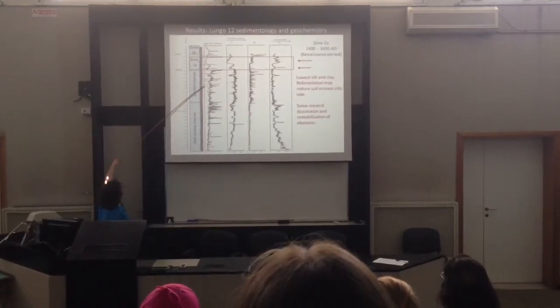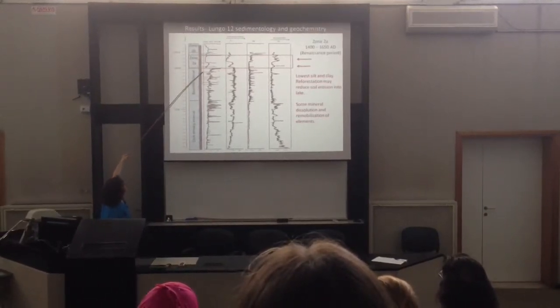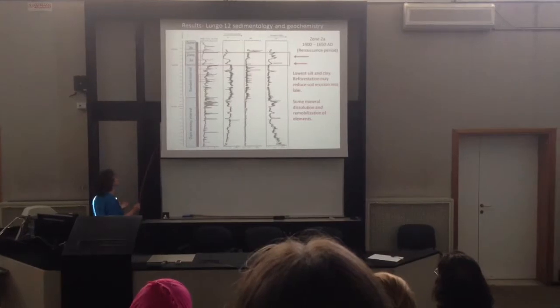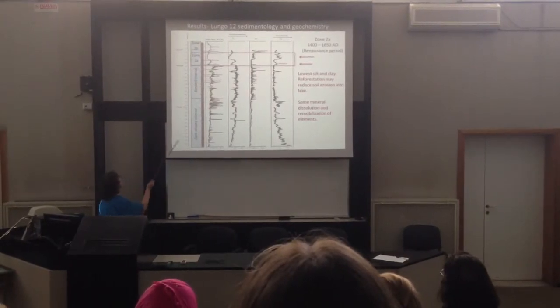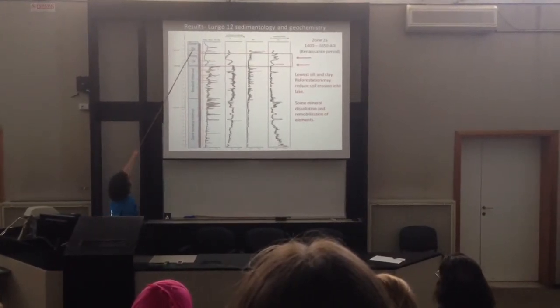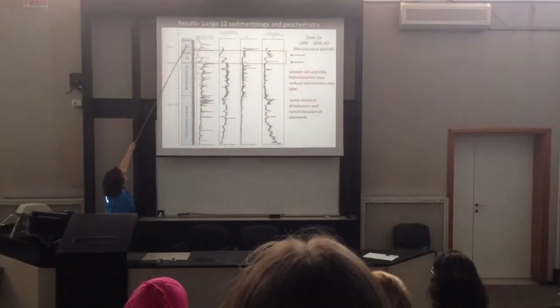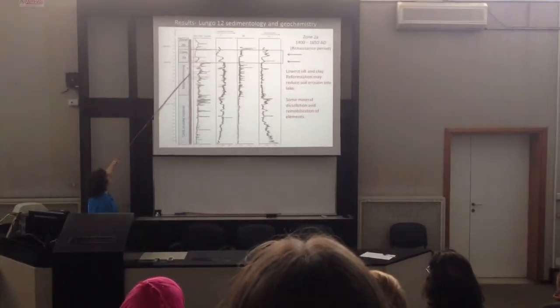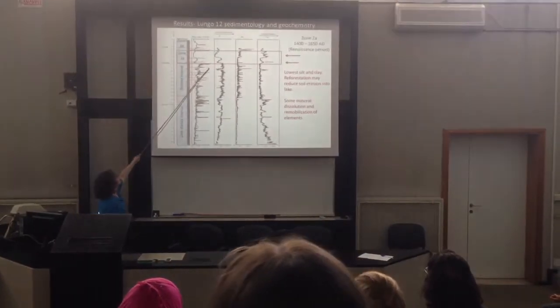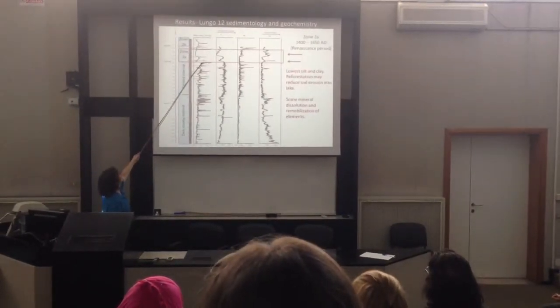All of these red lines match up to the older cores. So this would be the Renaissance zone here, this would be the modern industrial zone, and then here we're into the medieval period, and the Black Plague is about right here.